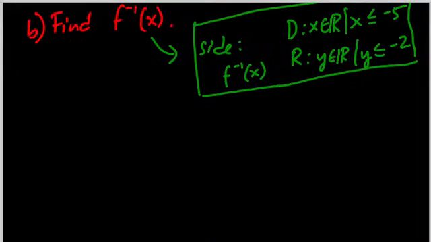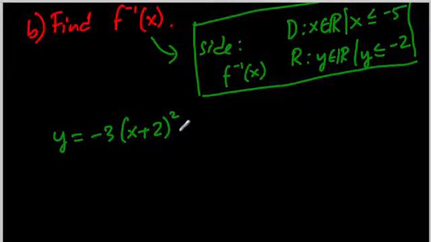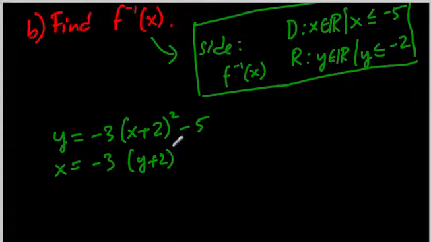The first thing I'm going to do is write the function out: y is equal to negative 3 times (x plus 2) squared minus 5. Step number 1 for the inverse is switch x and y. So x equals negative 3 times (y plus 2) squared minus 5.